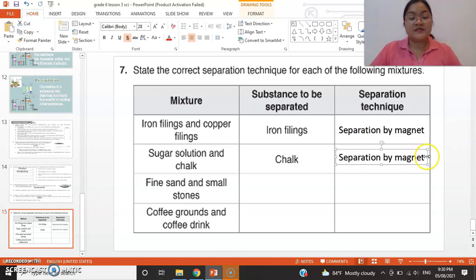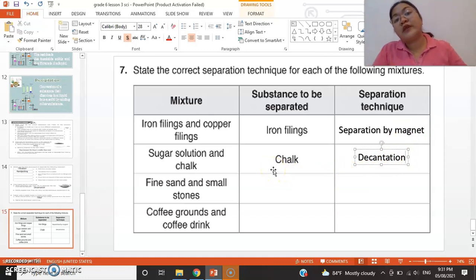Okay, very good. For the sugar solution and chalk, it is decantation. Why decantation? Because the chalk will be at the bottom of the sugar solution.